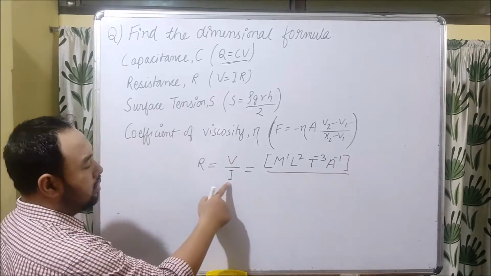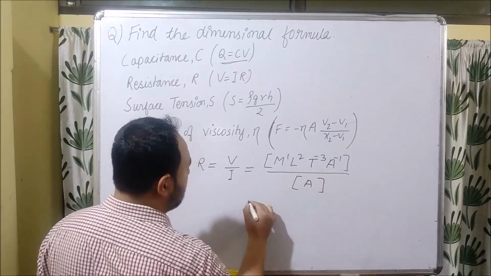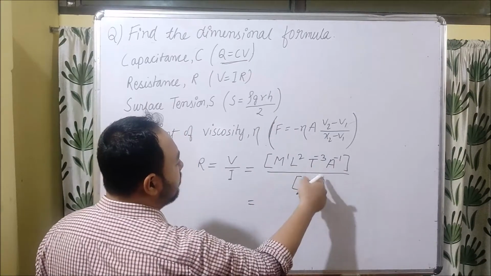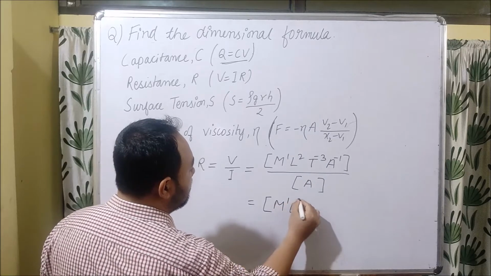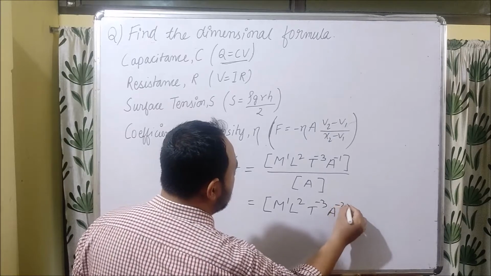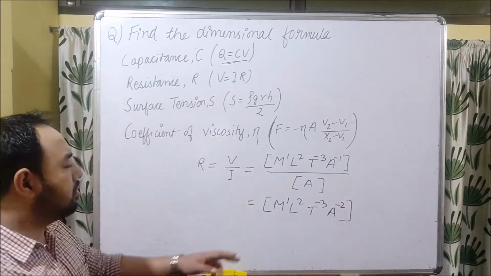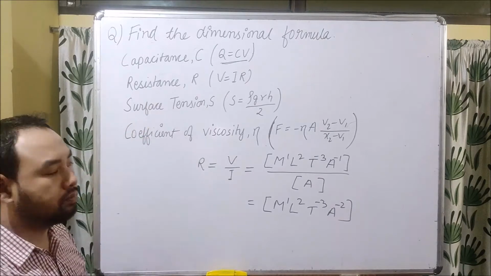And for current it is denoted by A. So if you calculate this, it will come out to be A to the power minus 2. Okay, so this is the dimensional formula for resistance.